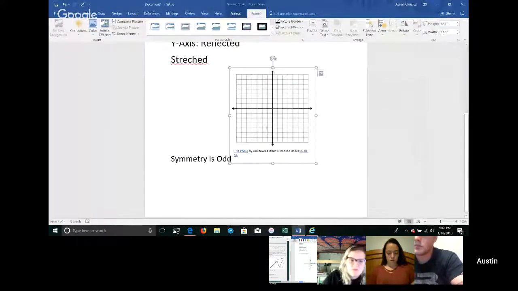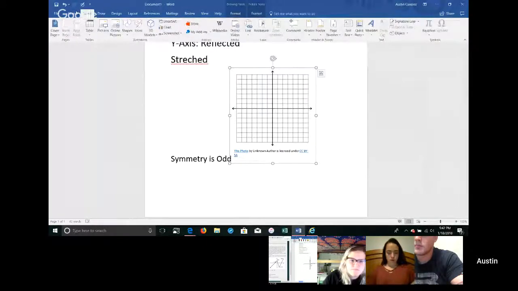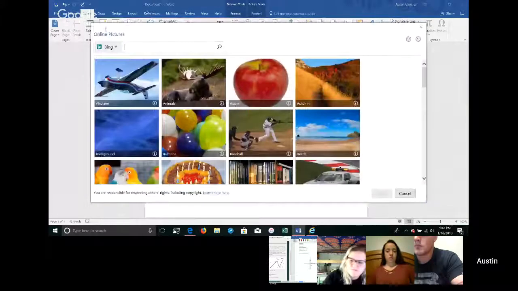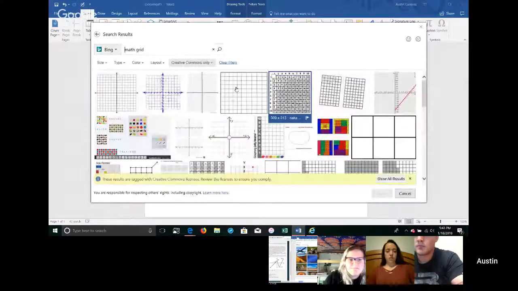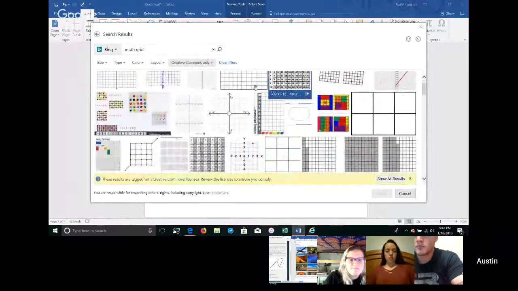How did you do that? If you go to insert, online pictures, I think it's online pictures. Yeah, and then type in math grid. Then it pulls up a bunch of just different grids that you can use.